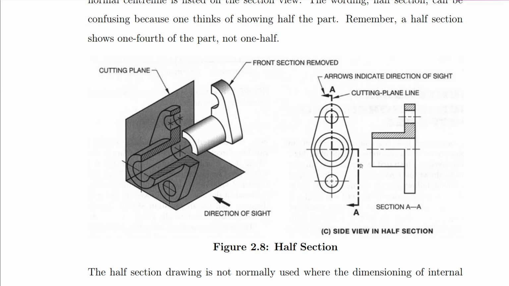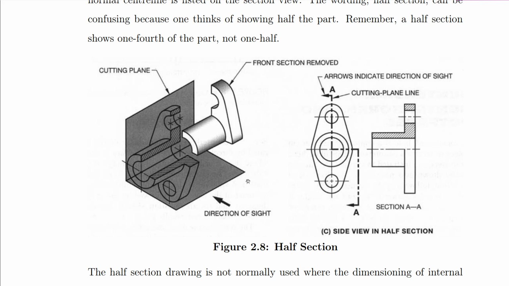When you view from this direction, you are going to observe the features of this object from above up to that portion. You see that they will be revealed, and then the other portion will be there within the component. So over here, when you cut and remove this section and you view from this direction, this is what you are going to see.